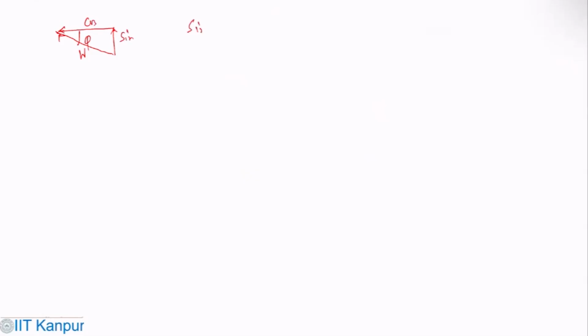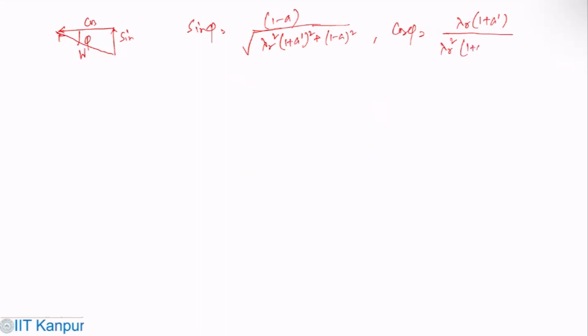So what we have, sine phi equals 1 minus a over root of lambda r square 1 plus a prime square plus 1 minus a square, and cos phi equals lambda r 1 plus a prime over root of lambda r square 1 plus a prime square plus 1 minus a square. So that's what is happening. Okay.